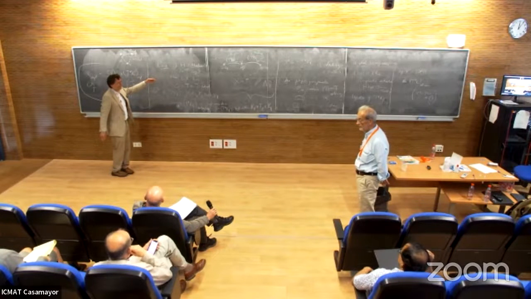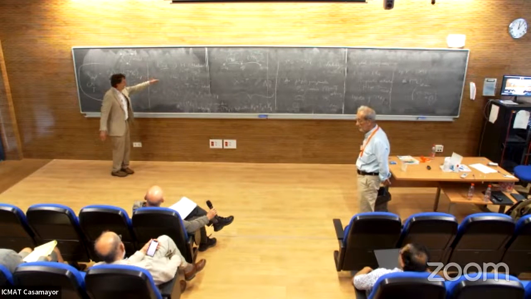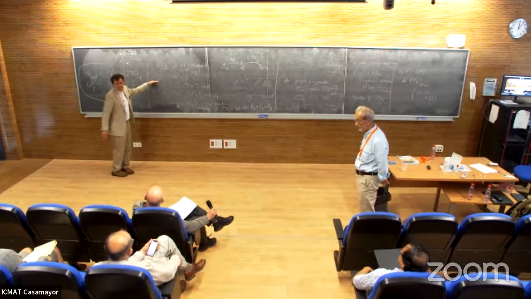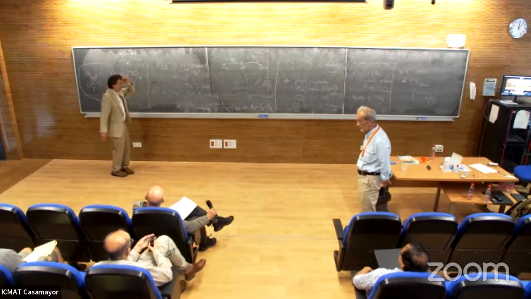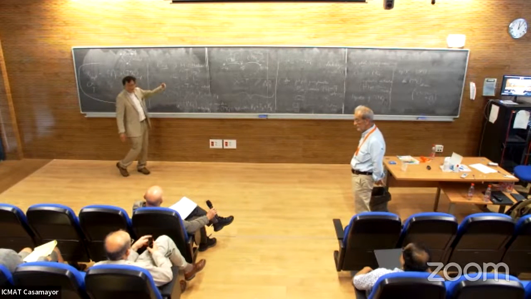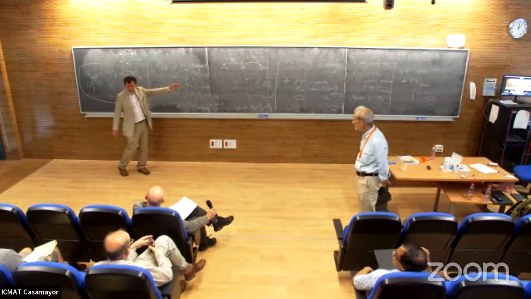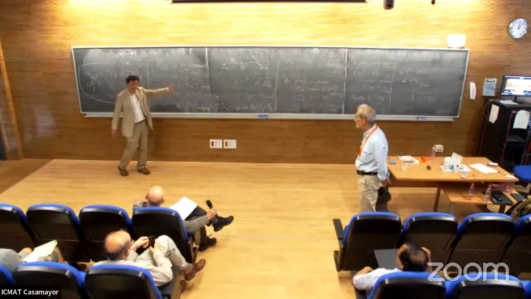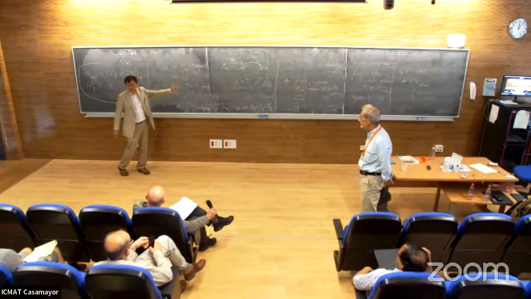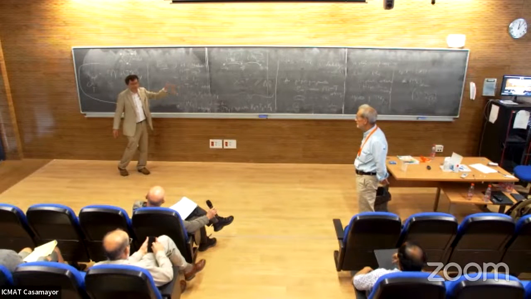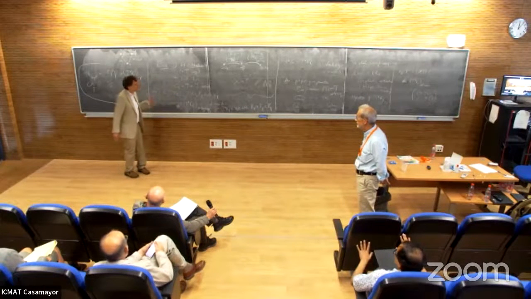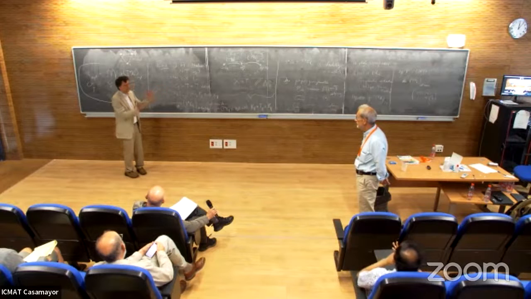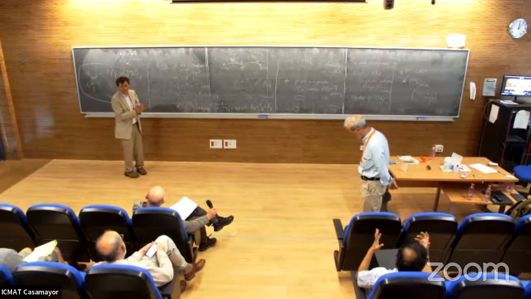There's a T action, and when you reduce by the T, that fixes your stratum. So you now have a genuine hyperkahler quotient, and that will give you the nilpotent varieties. Unfortunately, that's not quite the same as the algebraic non-reductive quotient. So I think that space is not going to be an affine variety. There is a gauge theoretic approach to the subject, but it doesn't fully mesh with the algebraic theory.